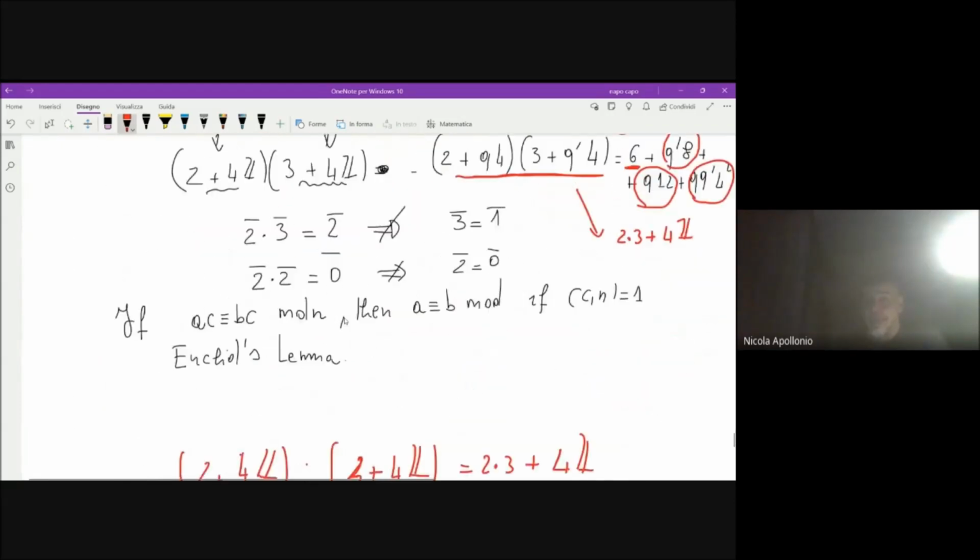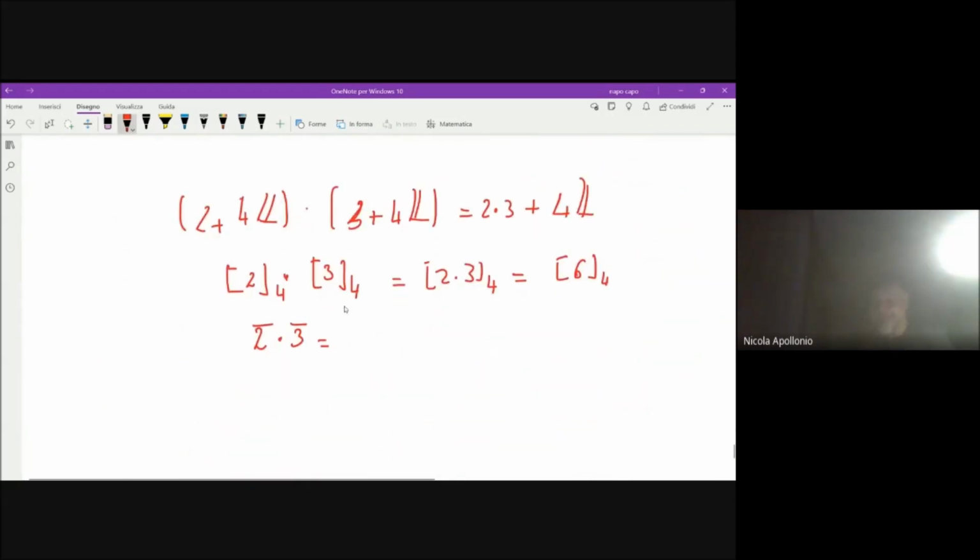So the class of 6 modulo 4 is the same as the class of the remainder of the division of 6 by 4. And this remainder is 2. So this is what we get.